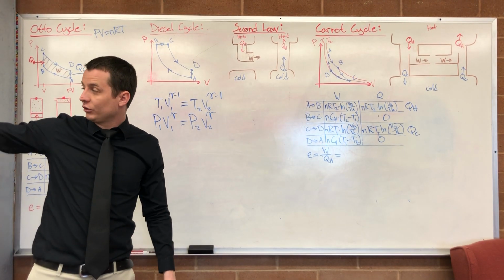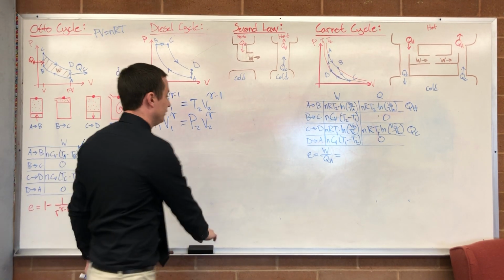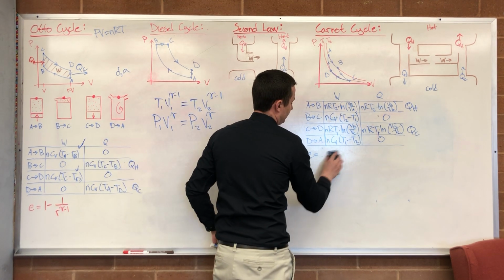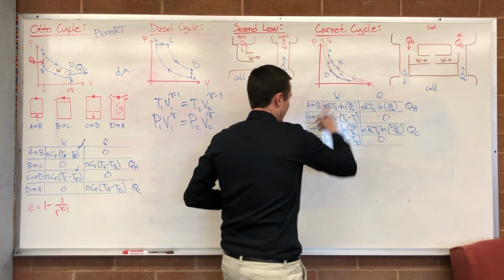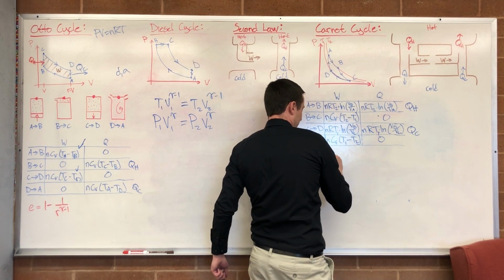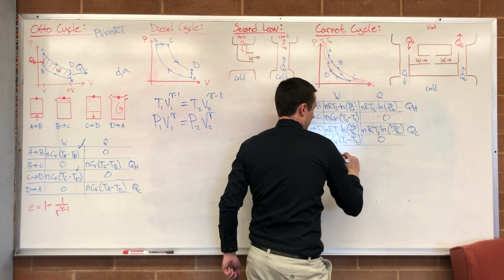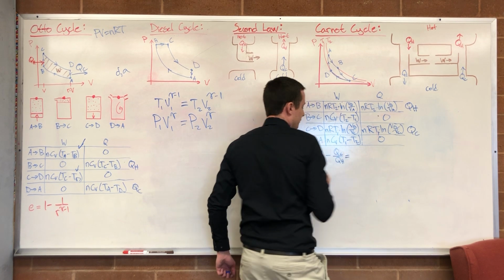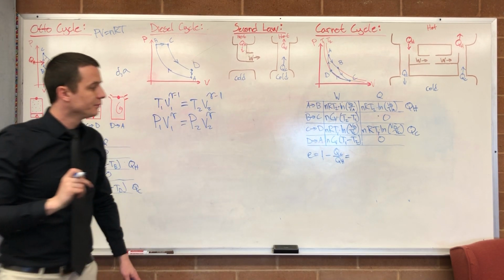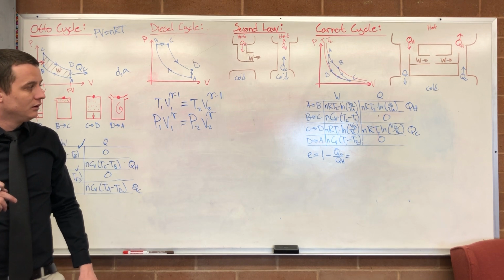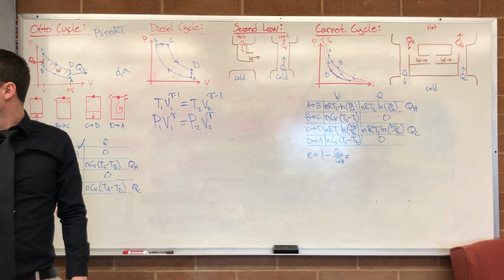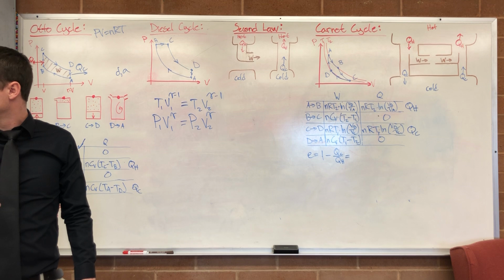We could do it as work over QH, or we can do 1 minus QC over QH. Yeah, I like that. And that's simpler, so we don't have to deal with the work, because the work's kind of a lot in this one. Right?